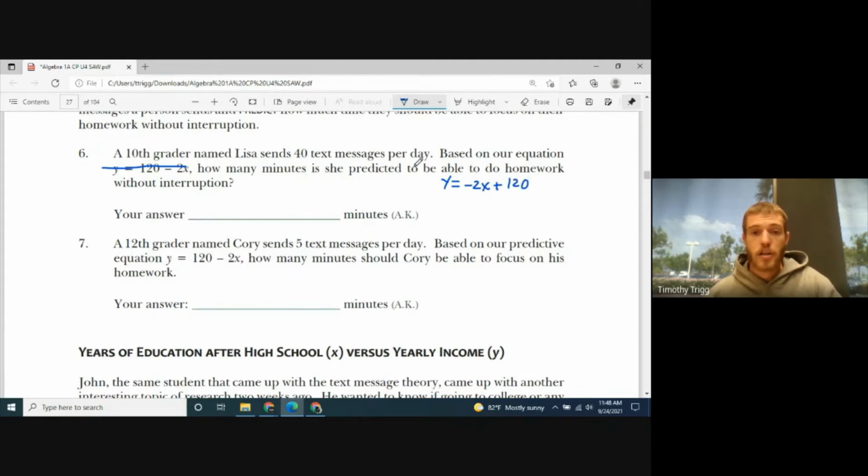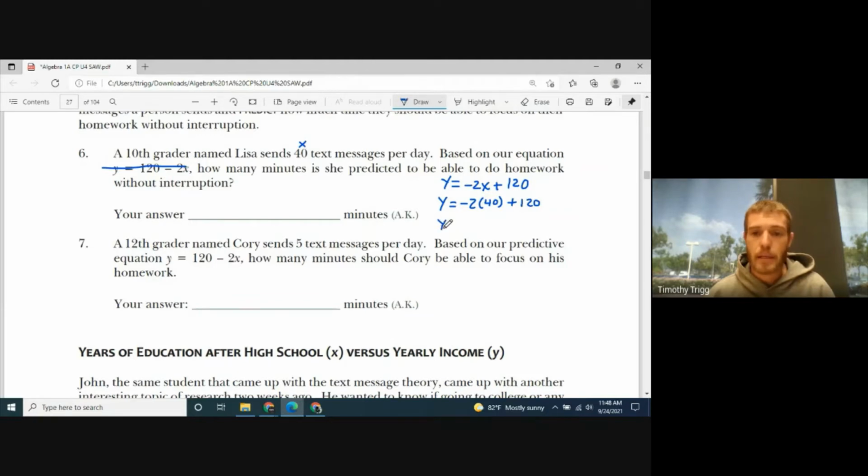So here, she sends 40 text messages per day. So that tells us our x coordinate. And we want to know how many minutes we predict that she'll be able to concentrate. So that'll be y equals, and I'm going to replace the x with this, -2 times 40 plus 120.